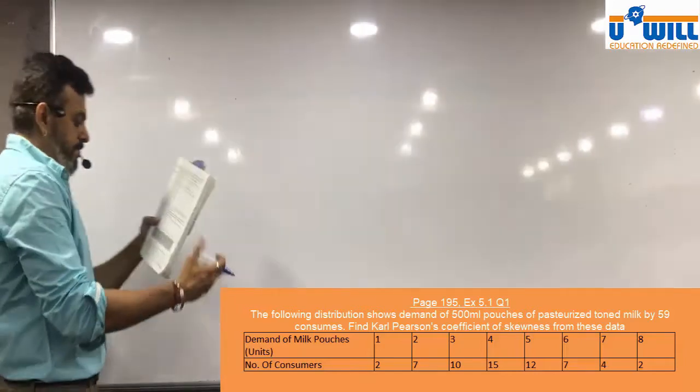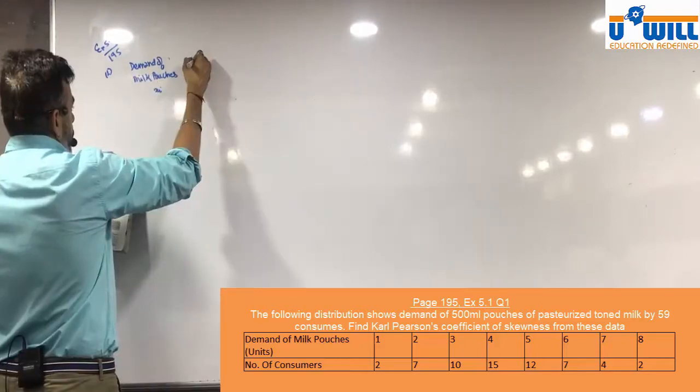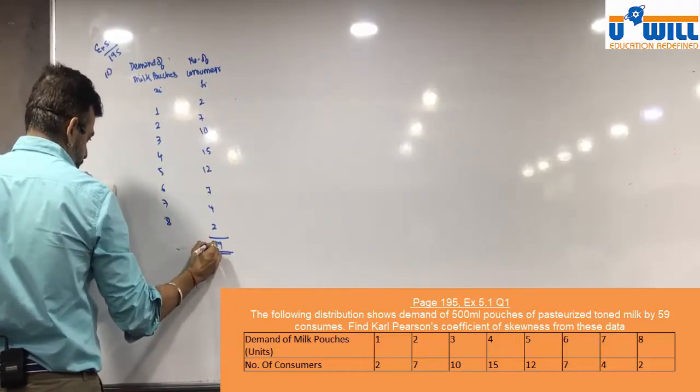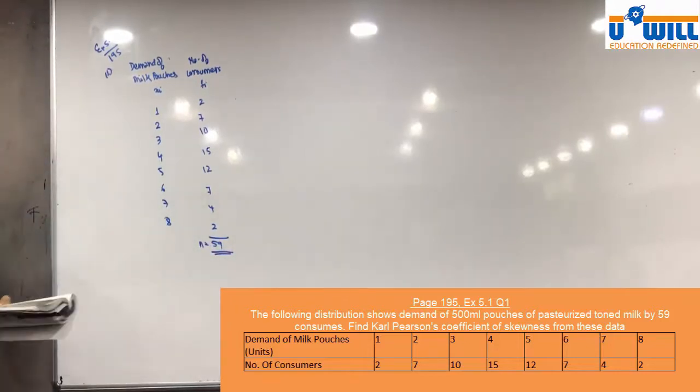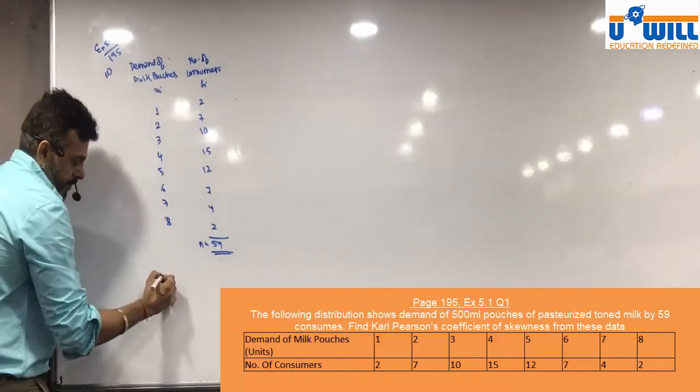Write the question: demand of milk pouches xi, number of consumers fi, n is equal to 59. 59 consumers is already given. Now, first you write the formula.